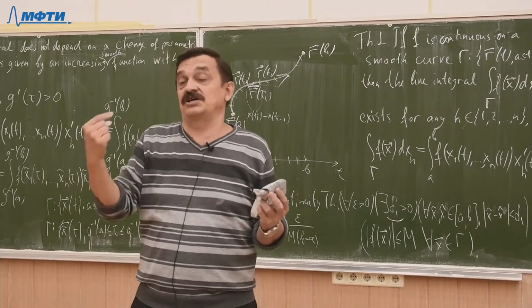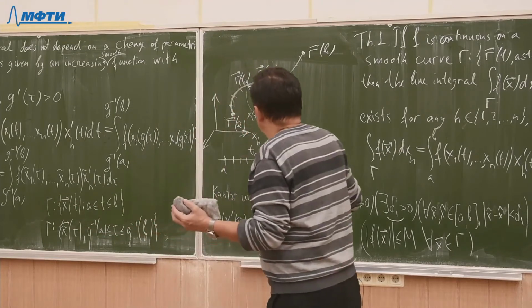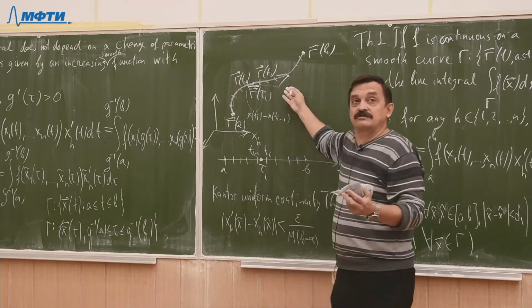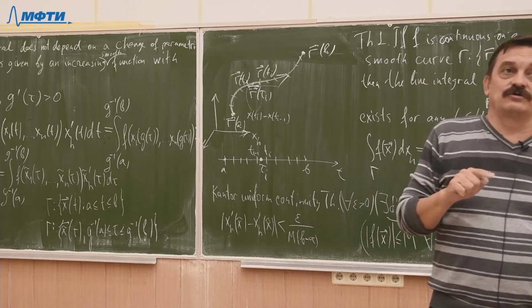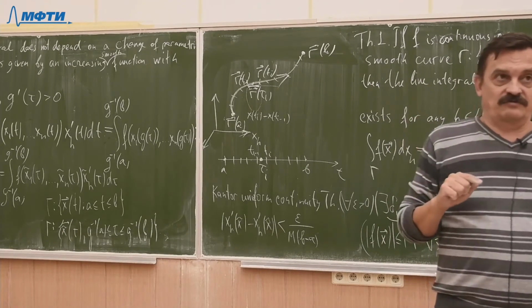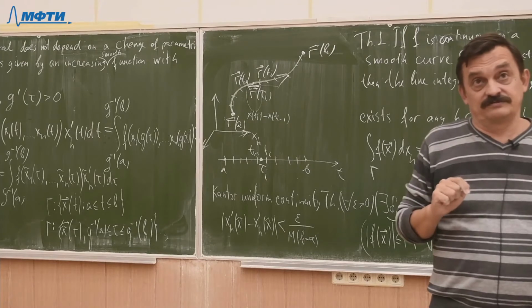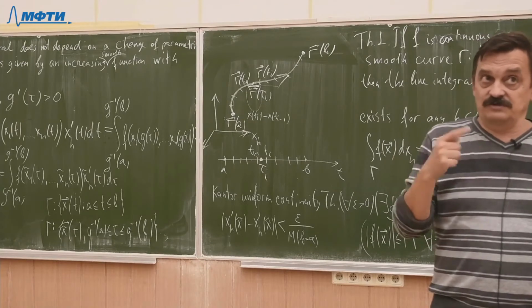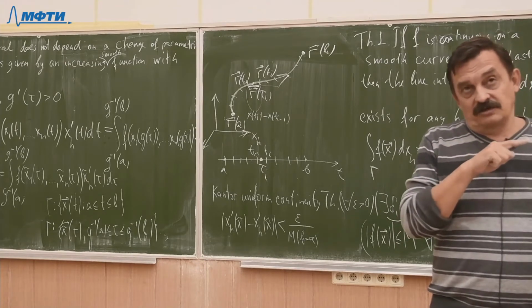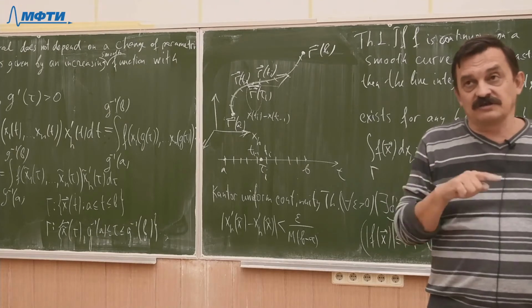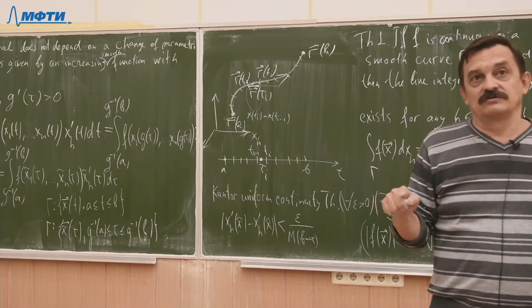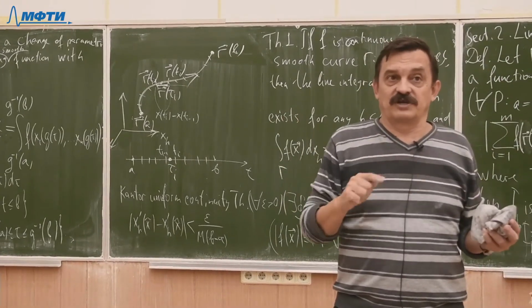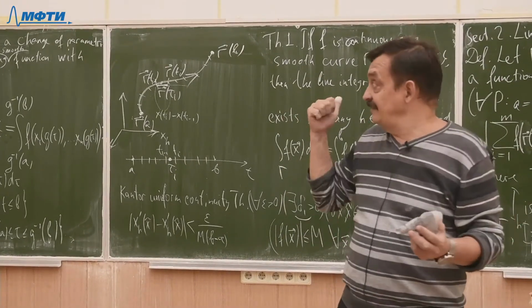That means change of orientation. So you need to take into account the orientation of the curve, namely how you travel along that curve, in which direction. That is an essential difference with integrals along curves. For integrals along curves, the direction of traveling was not important. For line integrals, it's important.